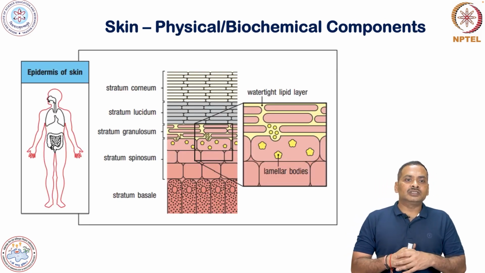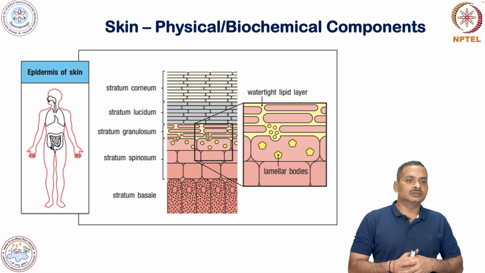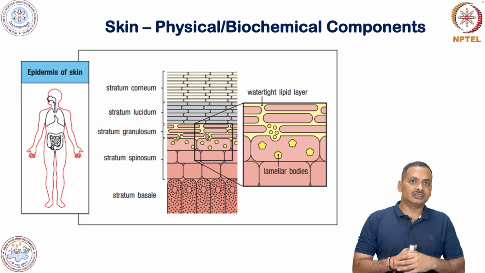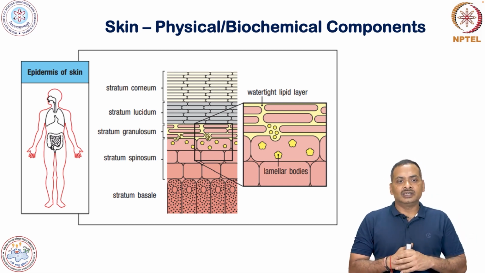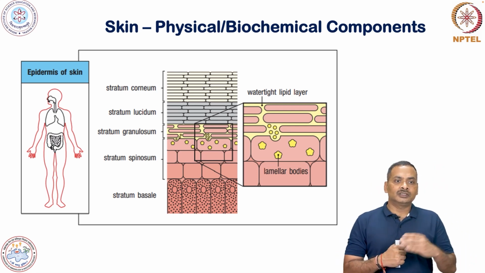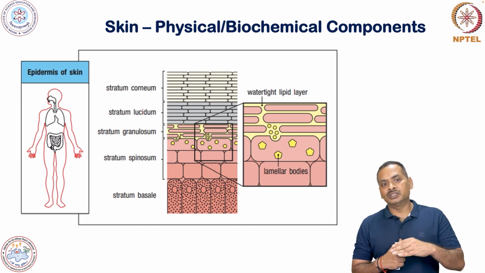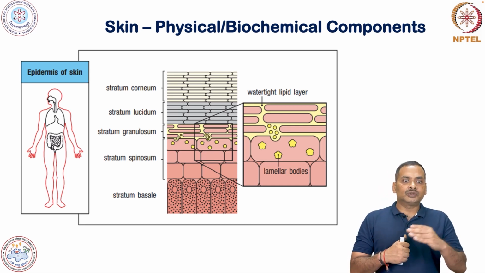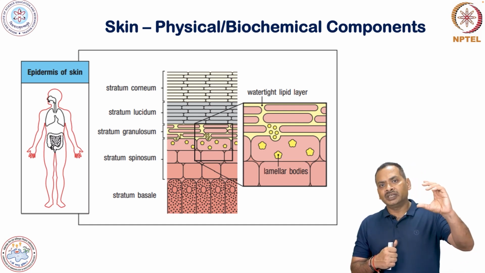Here I will show you the skin, which is one of the largest external organs, and it has several layers. Here you can see that there is a stratum spinosum, stratum granulosum, stratum lucidum, stratum corneum. This stratum corneum is mainly dead cells.